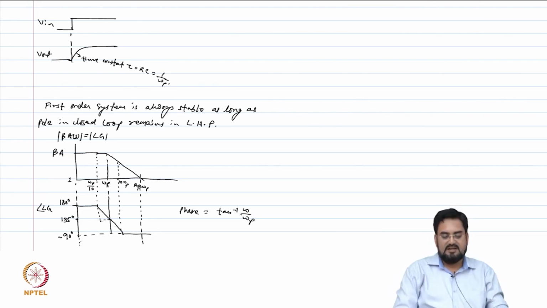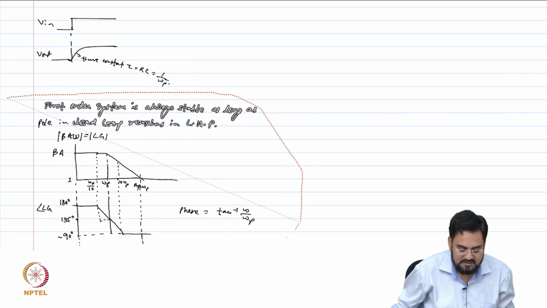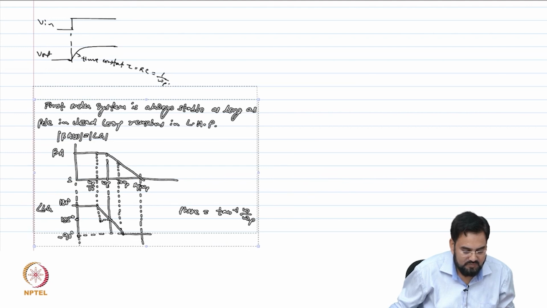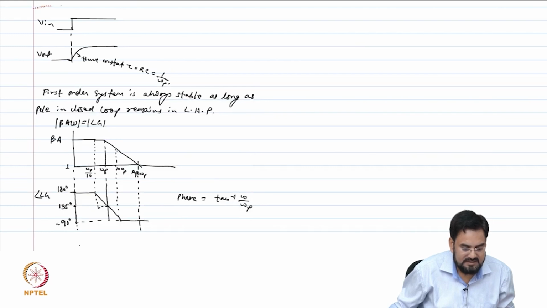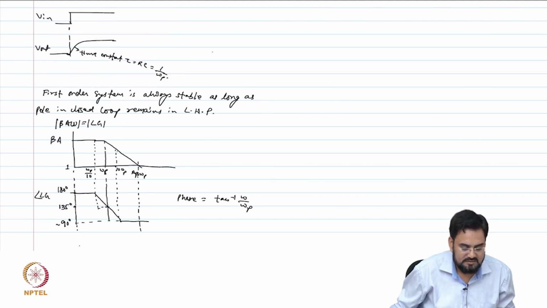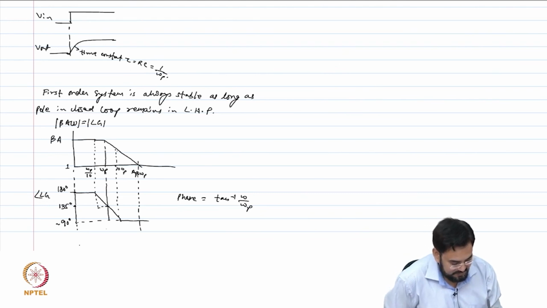So what was the condition for instability? When would this system become unstable? We saw that the phase is 180 and the gain is a minimum of 1. This is called the Barkhausen criteria.